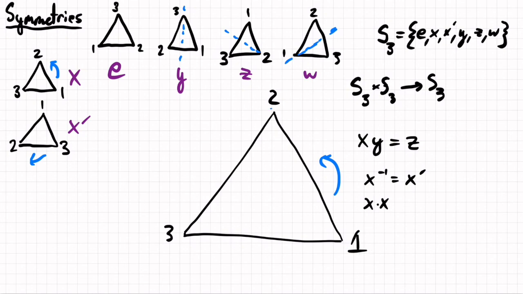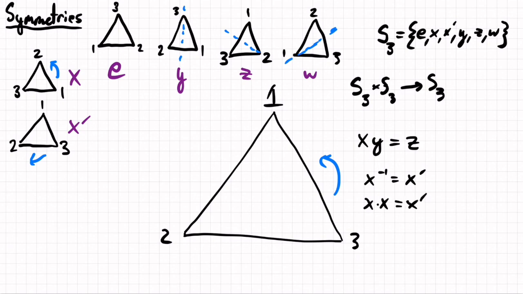Now I will rotate again. Rotate, rotate, and I have back exactly this X prime right here. The vertices are in the exact same spots. So that means that X times X equals X prime.